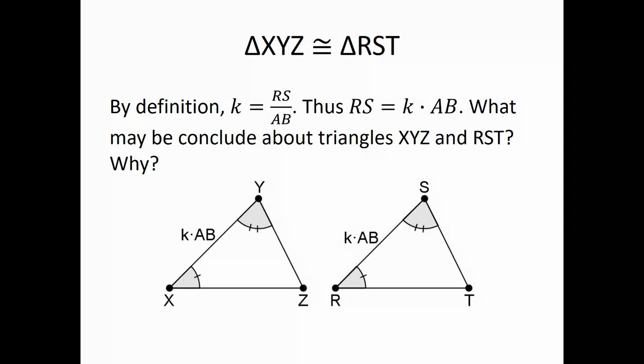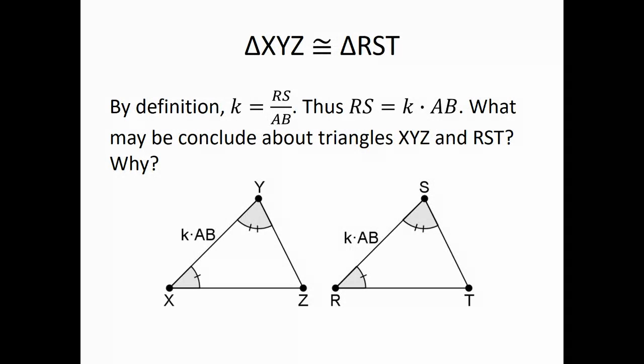Well, we know just by definition that K is equal to RS over AB. That means, if we do a little bit of algebraic work with that equation, that RS is K times AB. Simply multiply both sides by AB. So there it is in the diagram. RS is K times AB. Also, XY was K times AB, as we noted before.